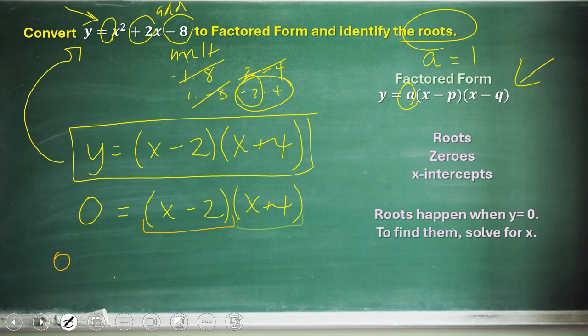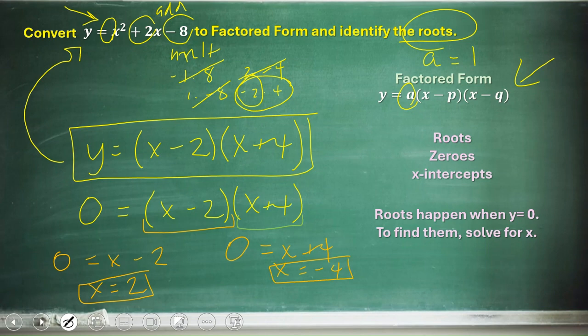So we can think of it as solving for something like this. Anytime either one of these equations is true, we have a root. So in this case, one of our roots is +2, so I'm just adding 2 to both sides. And in this case, x is -4, subtracting 4 from both sides.